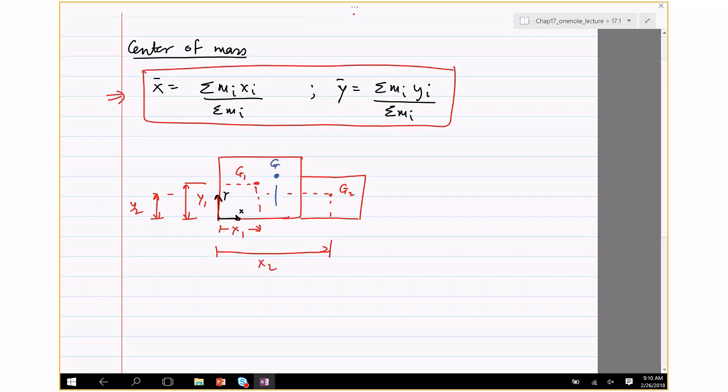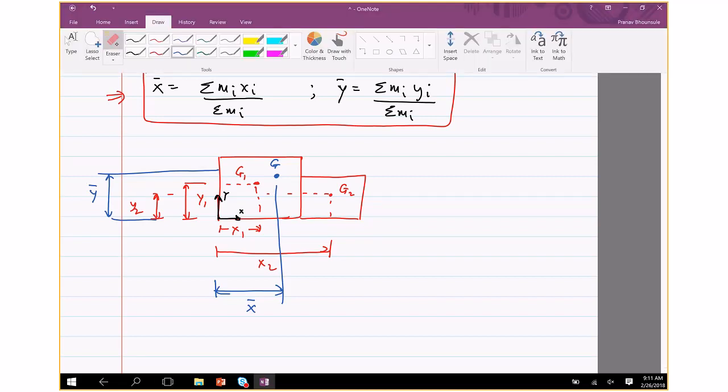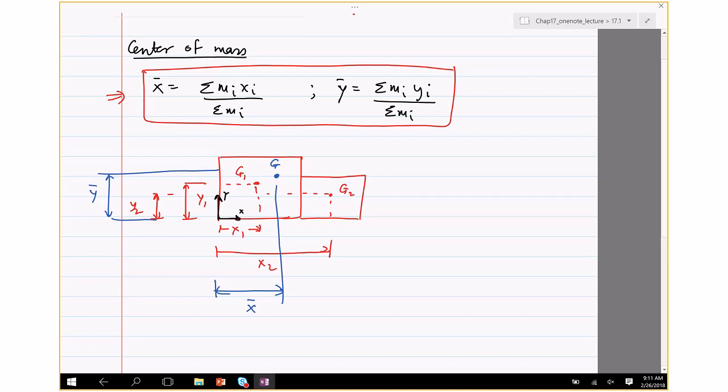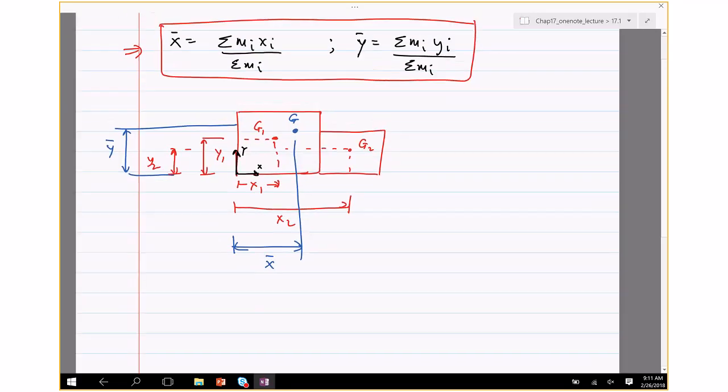G has coordinates of x bar, which I wrote down there, and y bar. Okay, so if you want to find that, you got to use these two formulas. Okay, so that's the first thing.